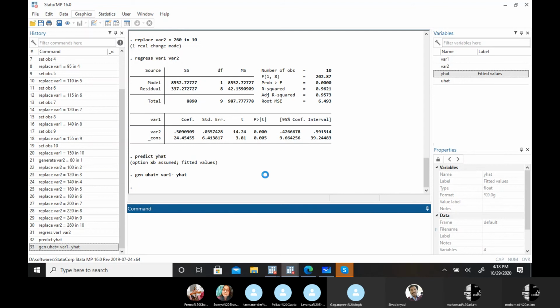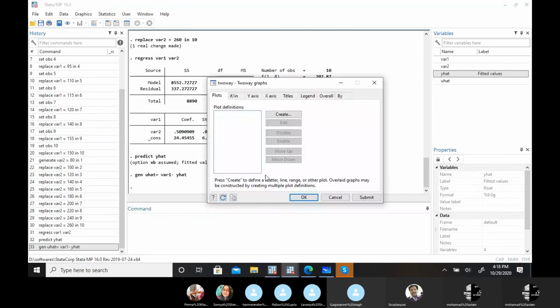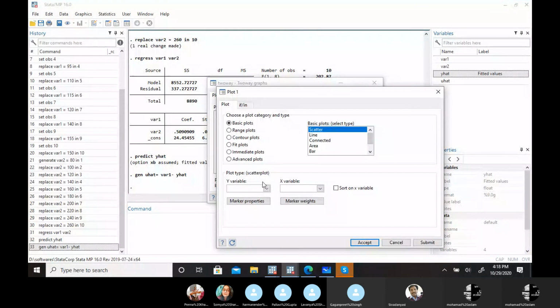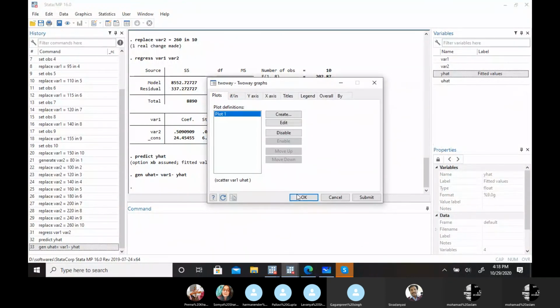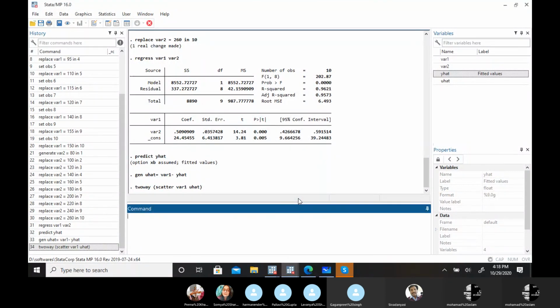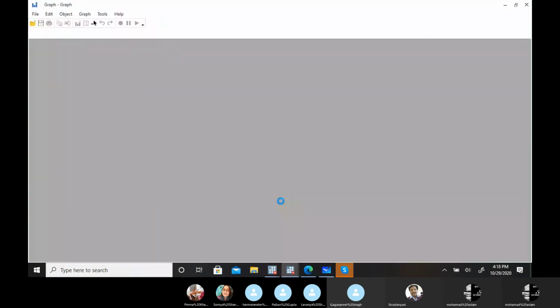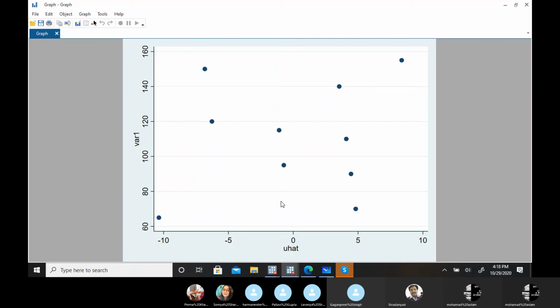Now you can cross-check it with a simple graph as well. Create a scatter plot with y as the dependent variable and u hat as the independent variable. Okay, now you can see it's scattered.